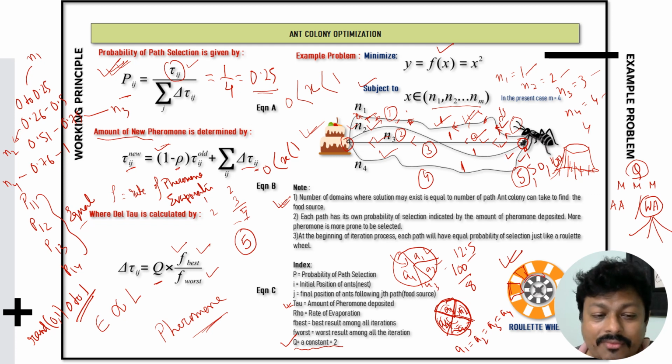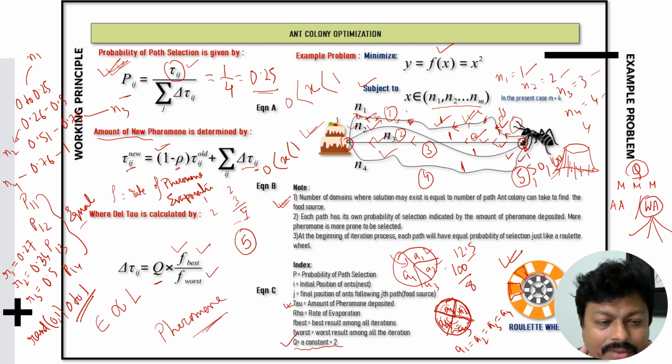Now for the 5 different ants, there are 5 random numbers. So what are those random numbers? Suppose R1, for ant number 1, the random number generated is 0.27. R2 is 0.34.